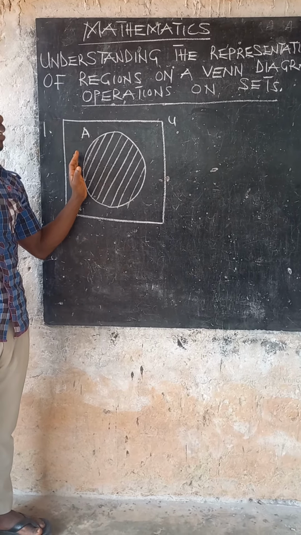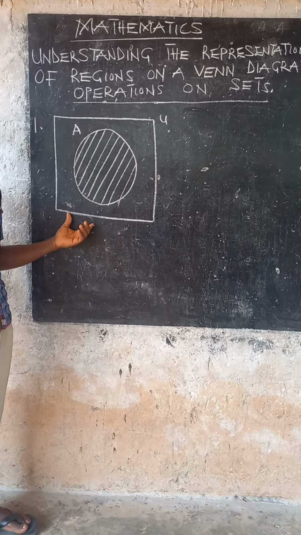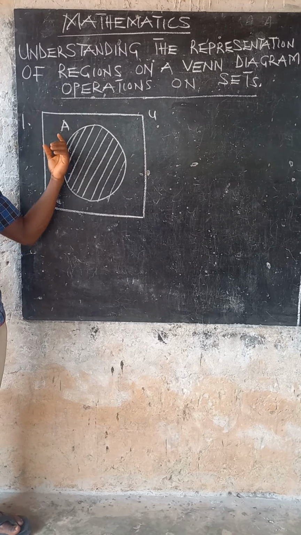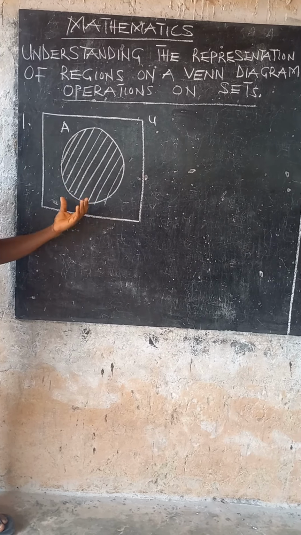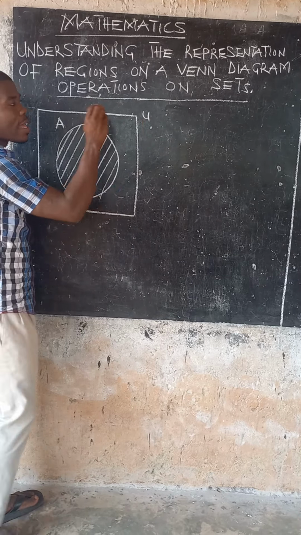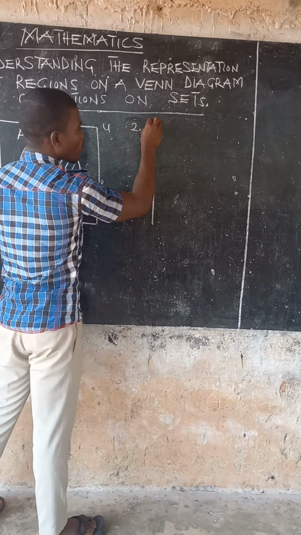If you are asked to find those who did A, or those within A, this is the place you are asked to look for. And then two, let's consider this one too.